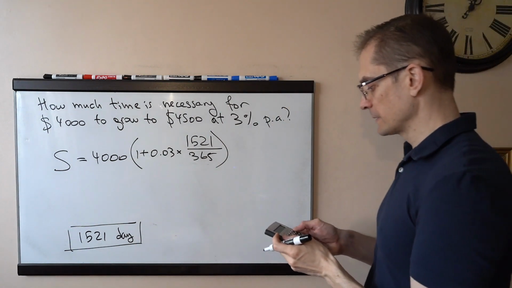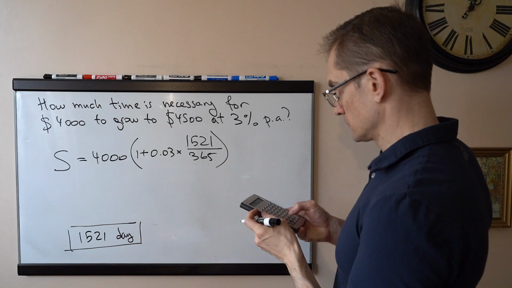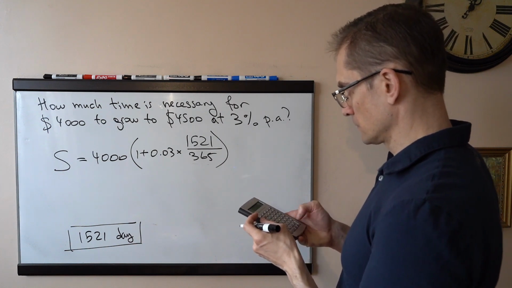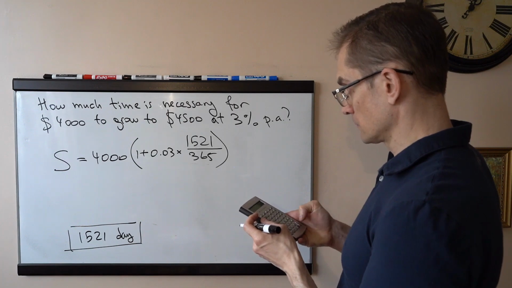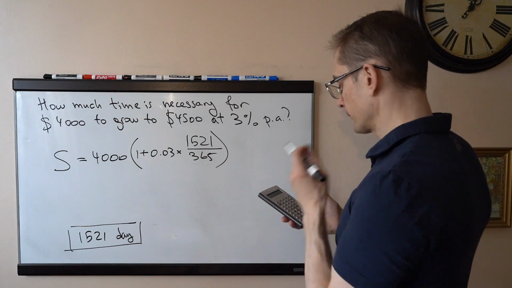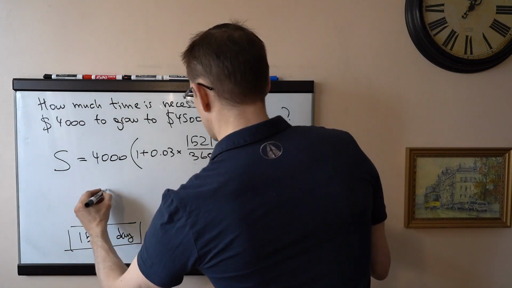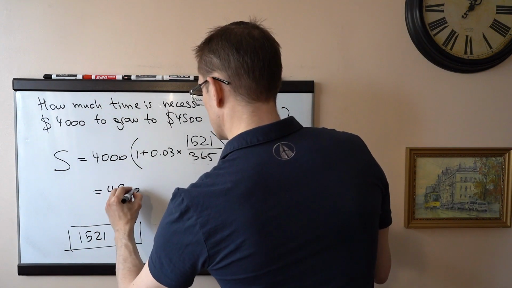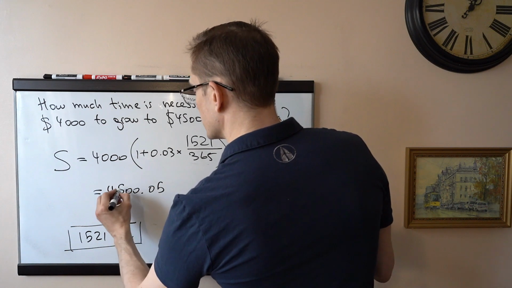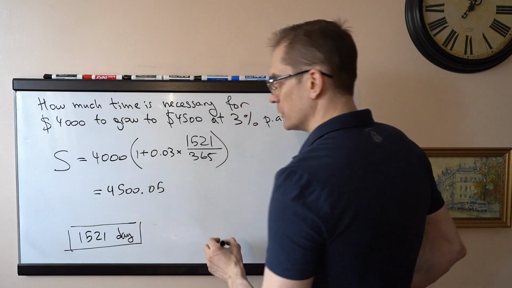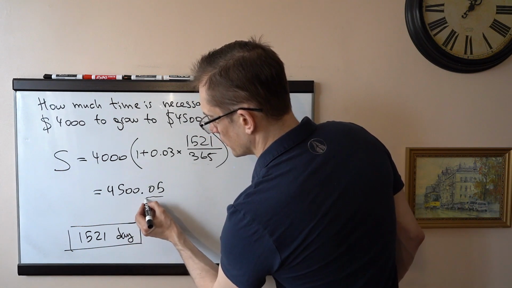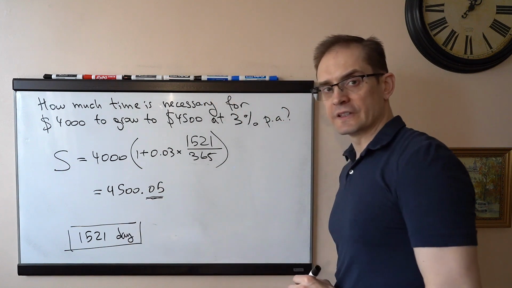Now let's calculate this. So this will be 4,500.05. You see, because you rounded to this whole number of days, you overshot by 5 cents.